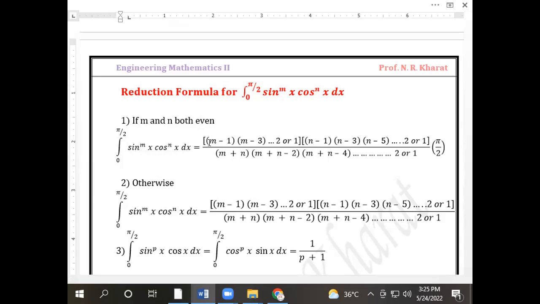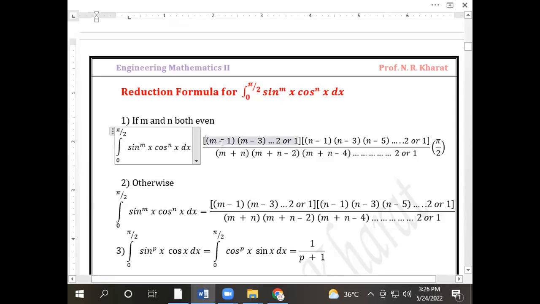we subtract up to the subtraction becomes either 2 or 1, divided by the sum of the index of your sine and cosine. From that, all the even integers are subtracted up to we get 2 or 0.